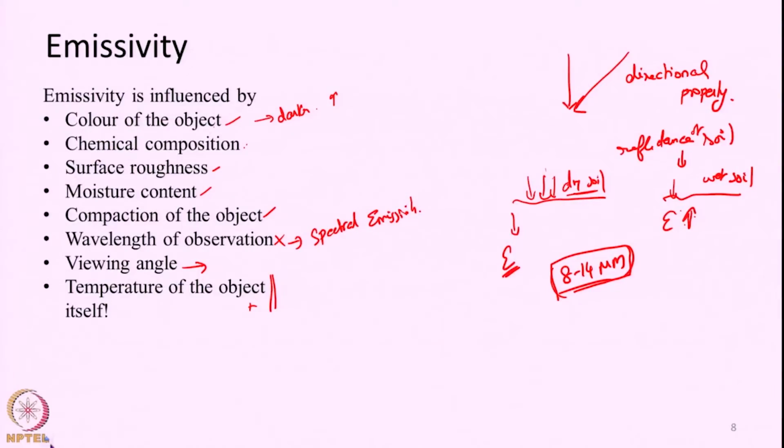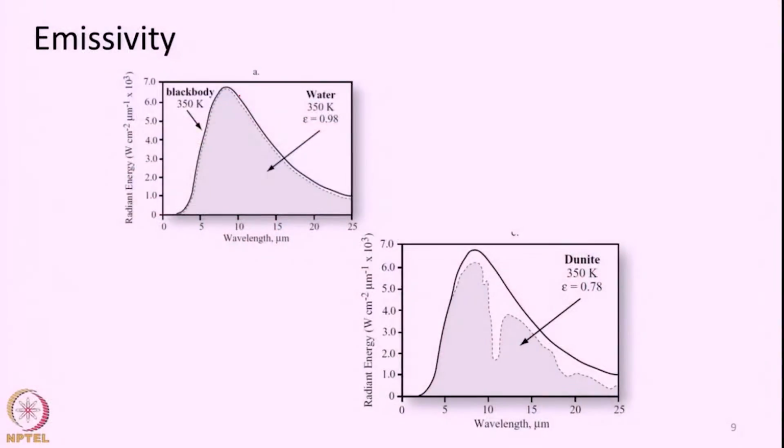Again, in order to emphasize the importance of emissivity, I have given 2 examples here. This is a black body curve, as given by Planck's equation, the dark black line, and this dotted grey line is for water at the same temperature, 350 Kelvin, but water has emissivity less than 1.